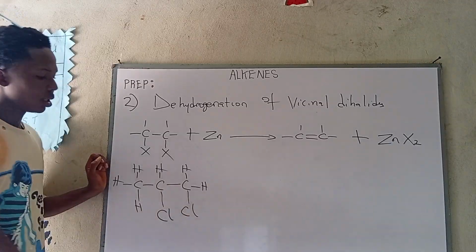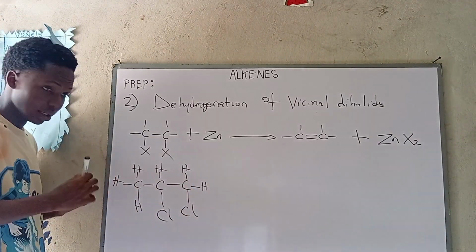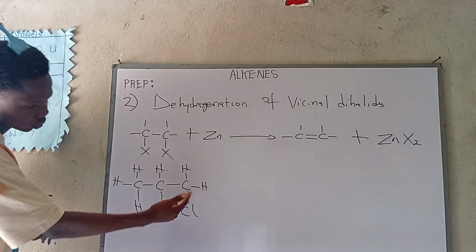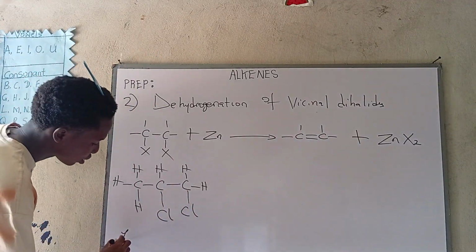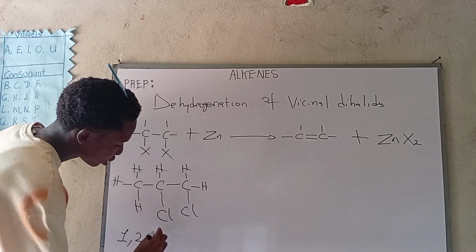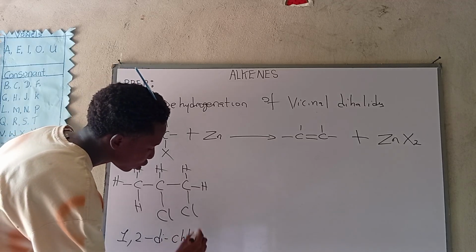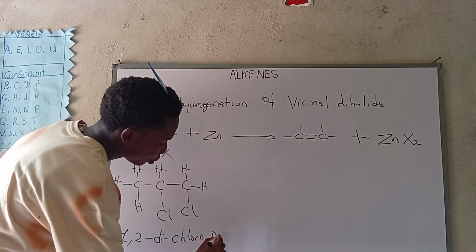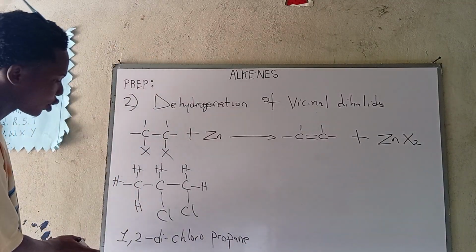We have two chlorines, so we can just count. First of all, we have to count from the end closest to the substituent. So we have 1, 2, 3. So we're going to have something like this: 1, 2-dichloropropane. Now this is the compound we are going to get.